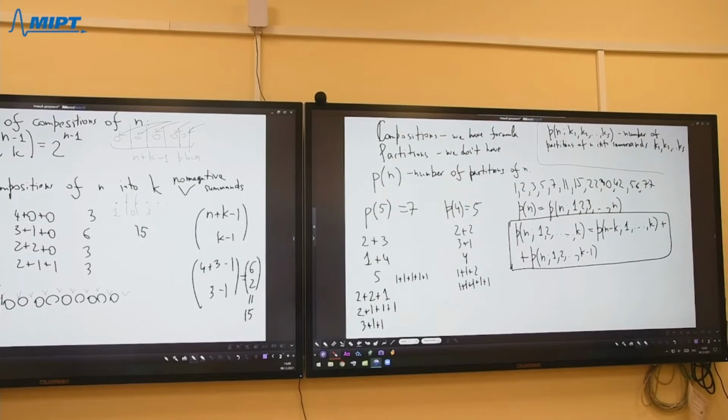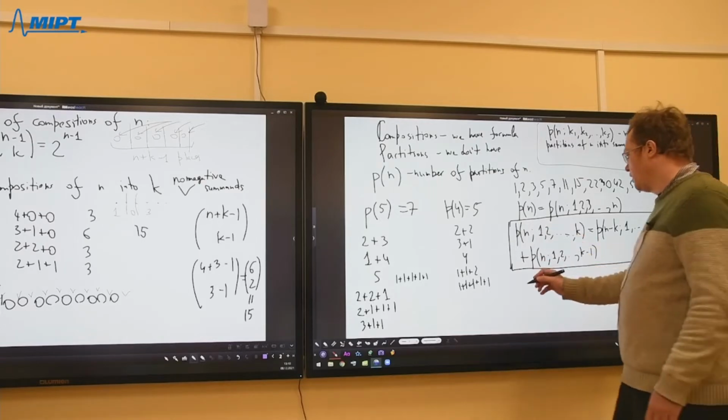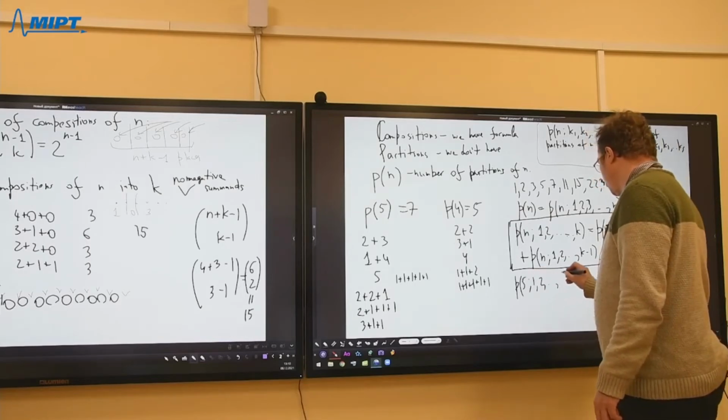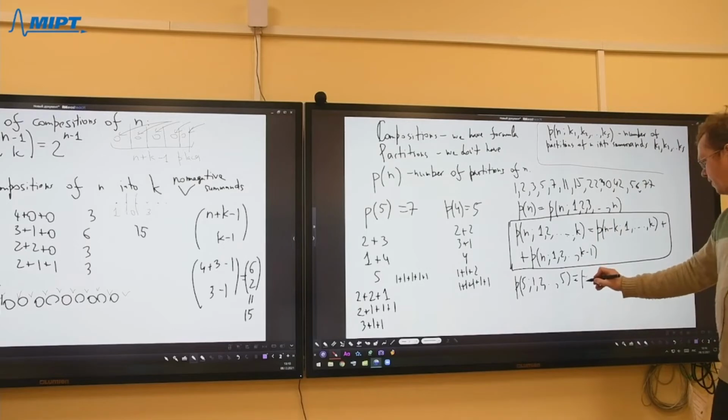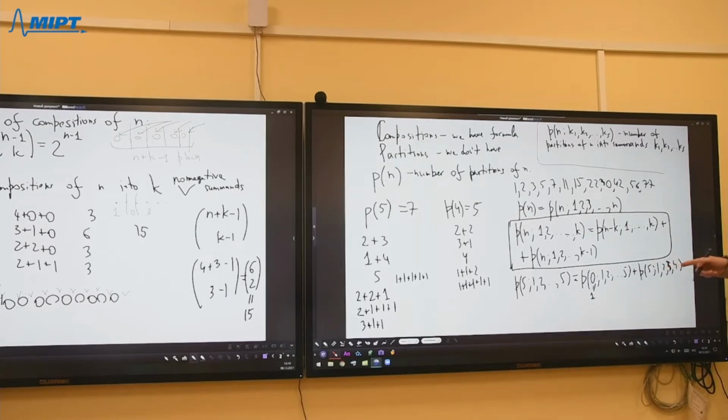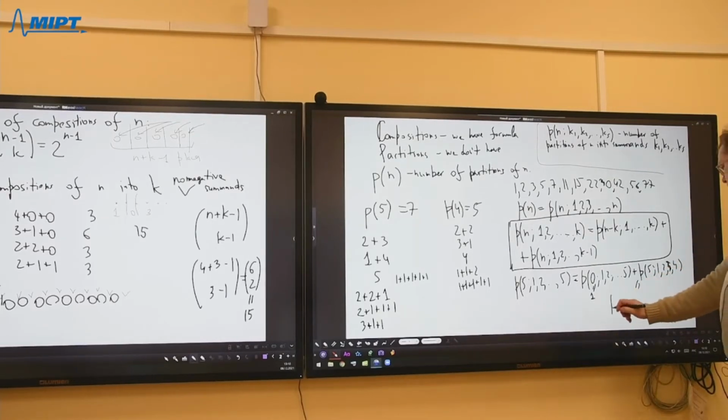So this recurrence relation helps us find the number of partitions, but it is not very easy, because if I want to calculate P of 5, either I take 5, which gives 1, plus P of 5 with summands 1, 2, 3, 4, which is the number of partitions of 5 into summands 1, 2, 3, 4, and so on.